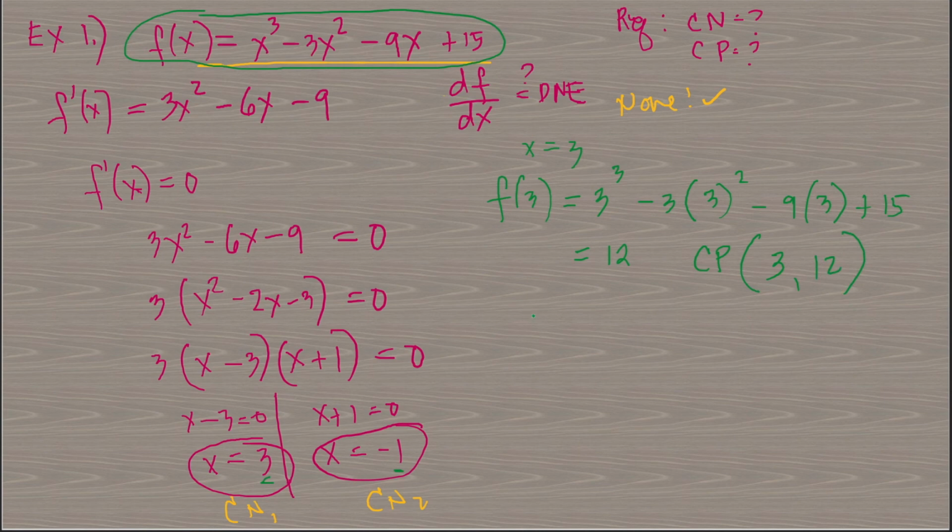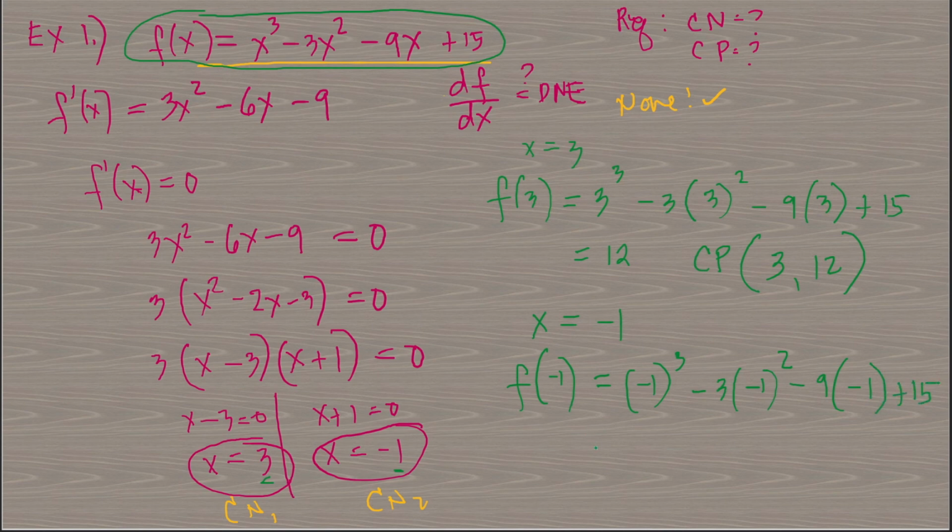Another one, we will evaluate at negative 1. When we say evaluate at negative 1, we will substitute negative 1 to all x's in the original function. So this will become negative 1 cubed minus 3 times negative 1 squared minus 9 times negative 1 plus 15.